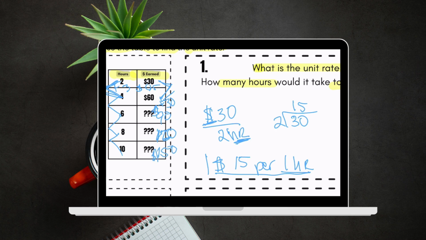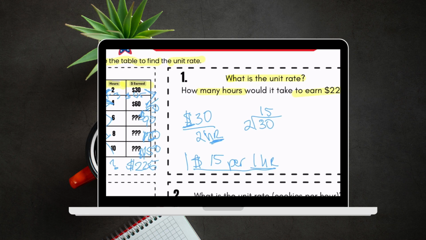Okay, and the question is asking, if I earn $225, how many hours would that take? And so here we can simply set up 225 divided by, I know that I earn $15 an hour. So if I do the amount of money I make divided by the amount of money I know I get per hour, I can figure out how many hours that would be.